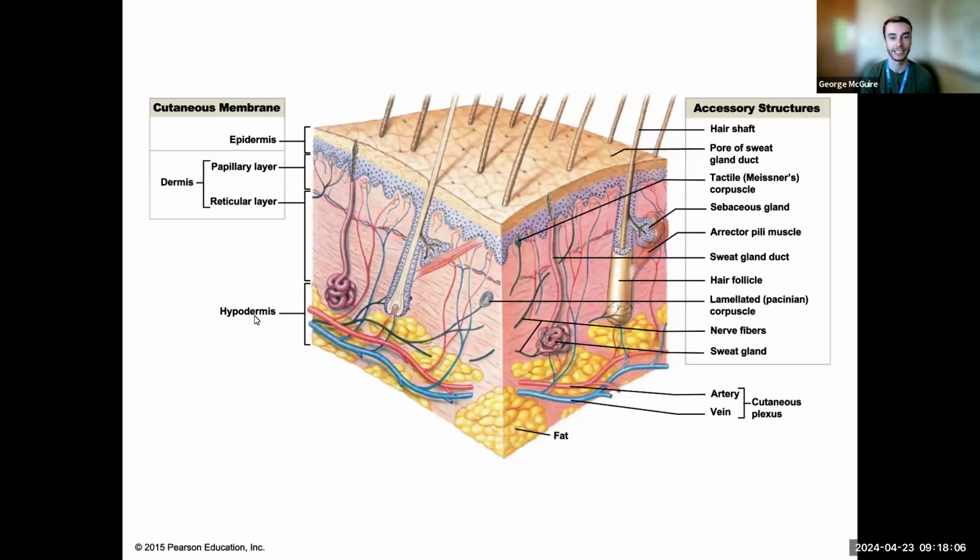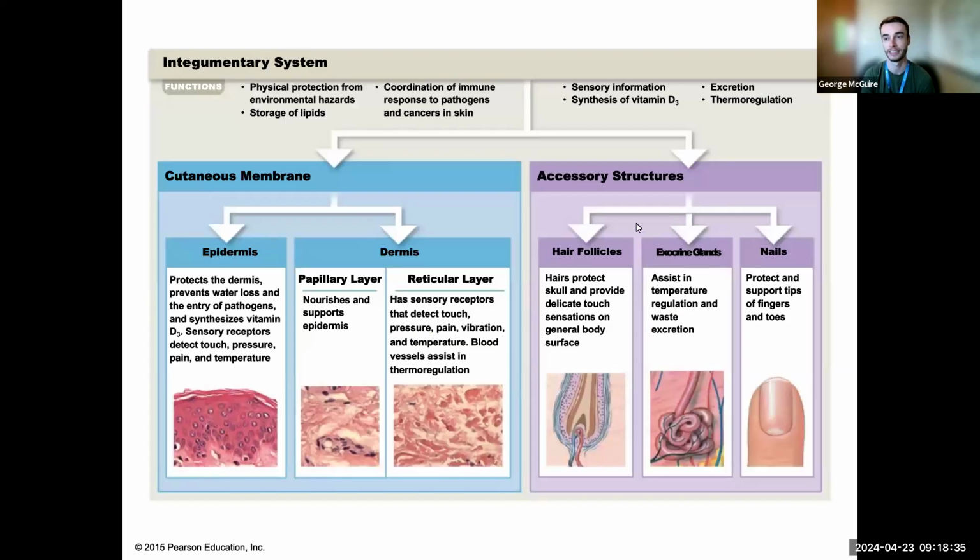We then have a separate layer of connective tissue, mainly fat, mainly adipose tissue, that makes up our hypodermis or subcutaneous membrane. And then we have all of these accessory structures. We have hair, nails, various types of glands, the nerve fibers, etc., that are all going to play a role in supporting those functions or providing specific functions themselves that our skin could not do on its own. And so we'll talk about all of that in this chapter.